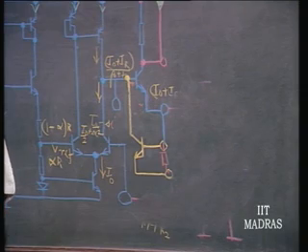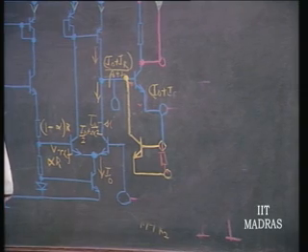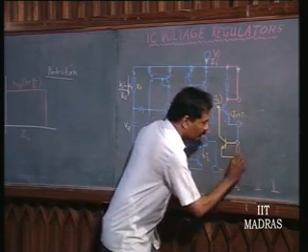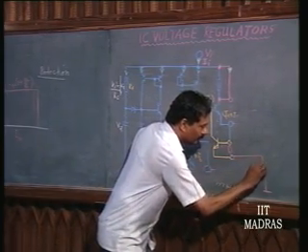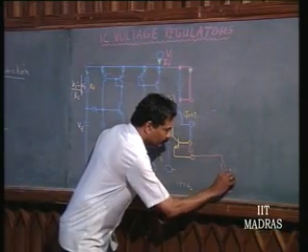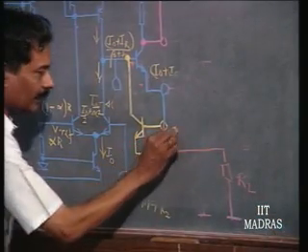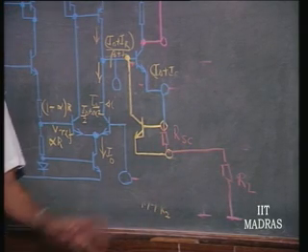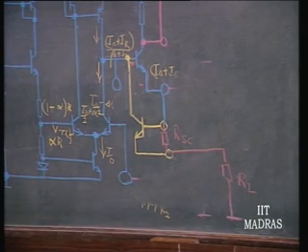You can only put a series resistance low enough only to sense the current through the load. So, the load is now put here, and this is the R short circuit, we will call it. Actually, I am not shorting.